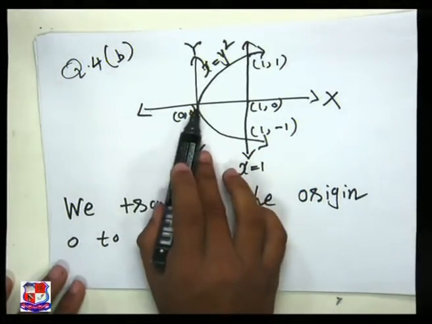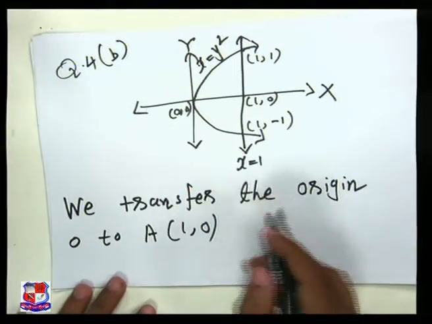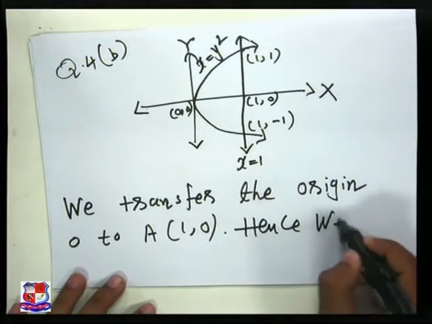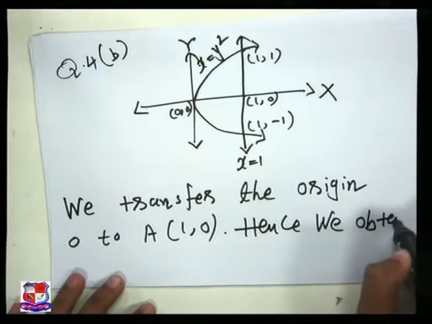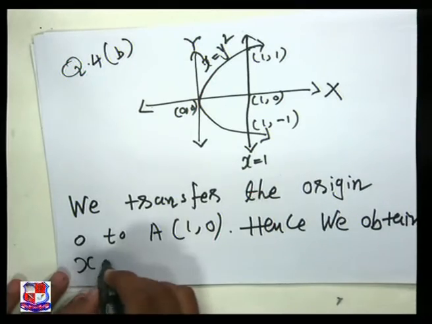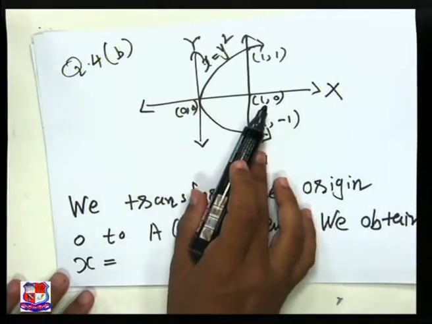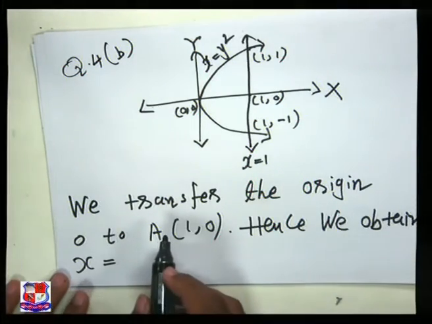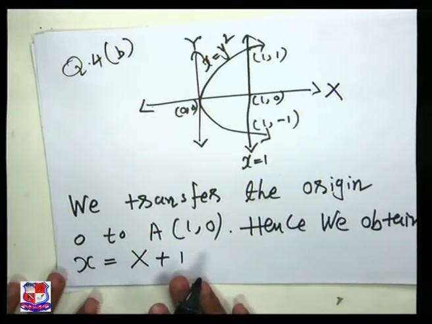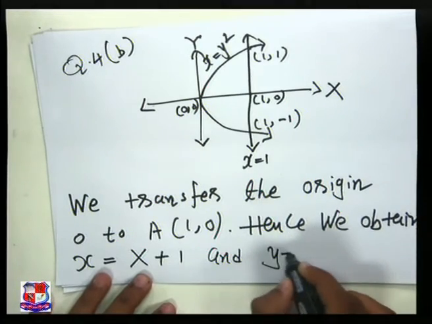We transfer this origin to (1, 0). So hence we obtain, because we are transferring the origin (0, 0) to (1, 0), x is equal to capital X plus 1, right, and y is equal to capital Y.